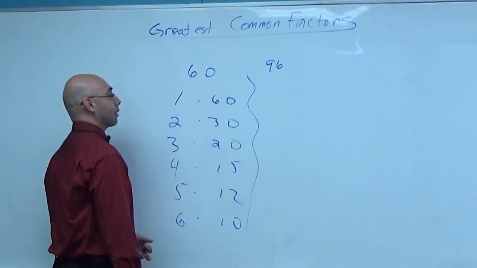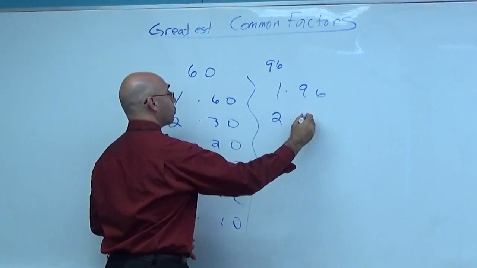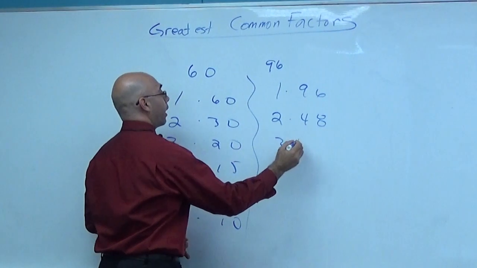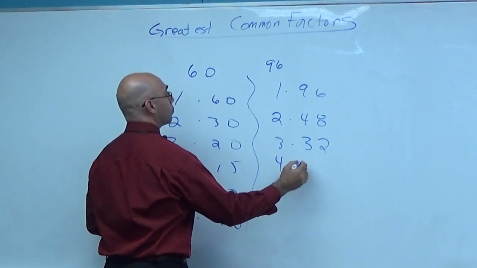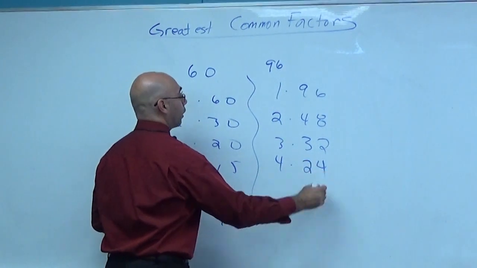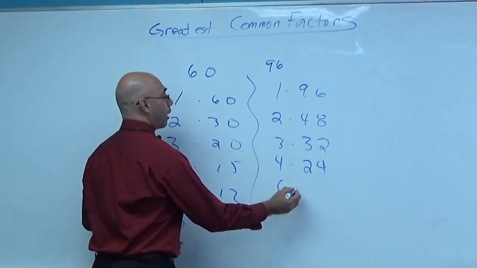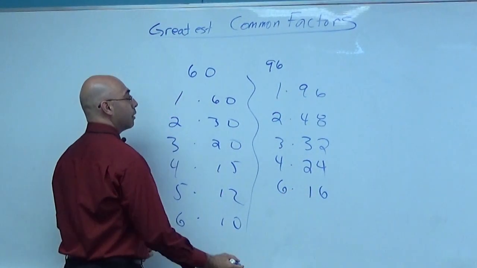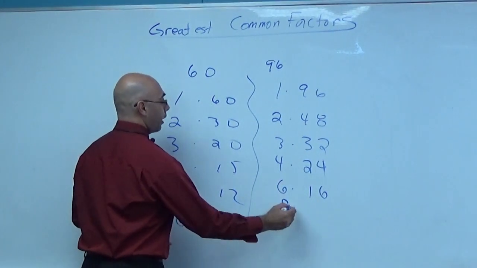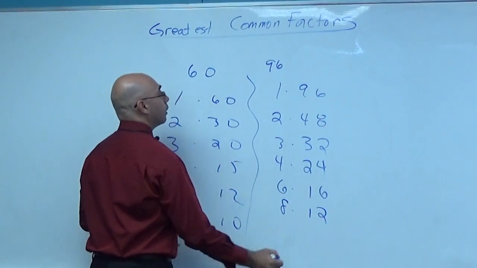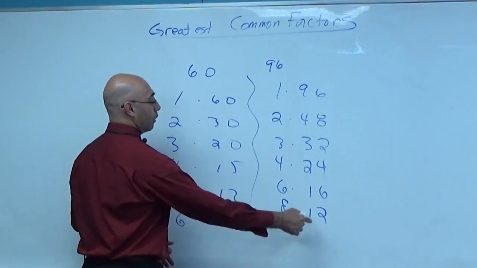Now for 96: 1 times 96, 2 times 48, 3 times 32, 4 times 24, right? 5, no, 6 times 16. 7 times nothing, 8 times 12, 9 times nothing, 10 times nothing, 11 times nothing, and there's 12.